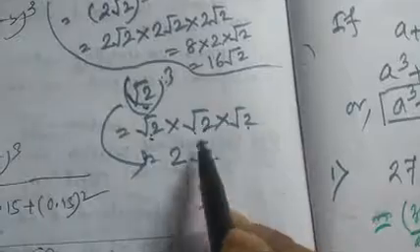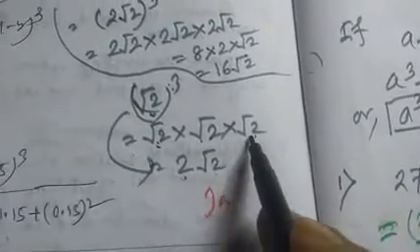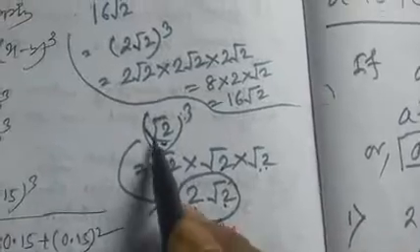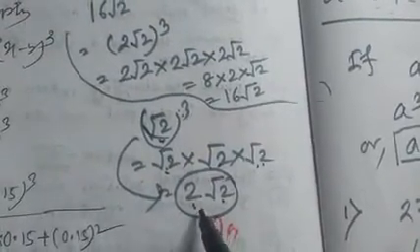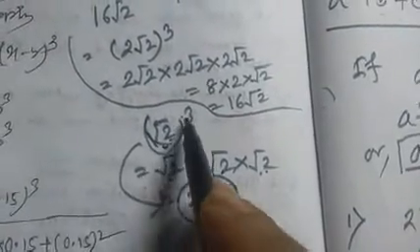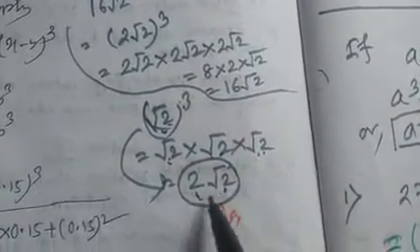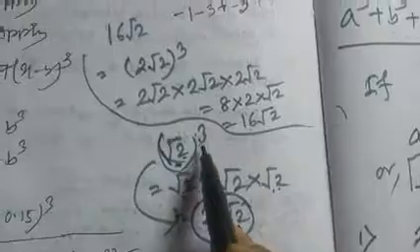Root 2 into root 2 becomes 2 and another root 2. That means to get 2 root 2 you have to do root 2 whole cube.